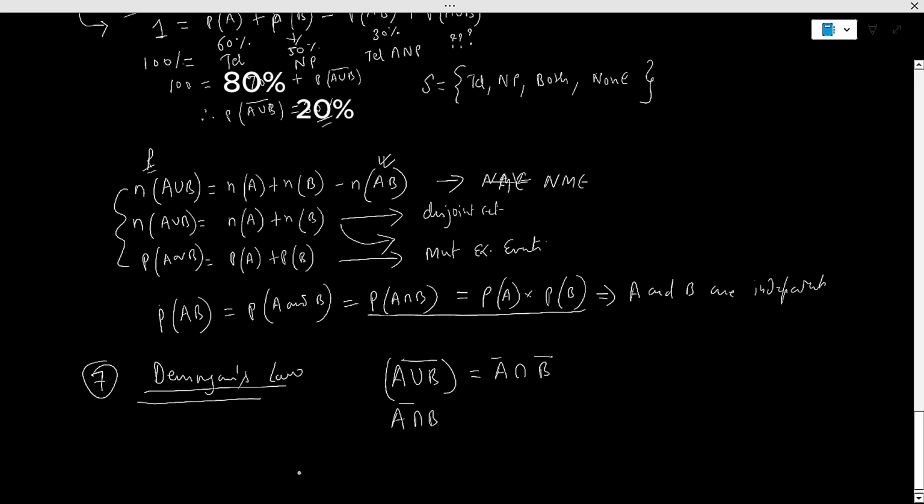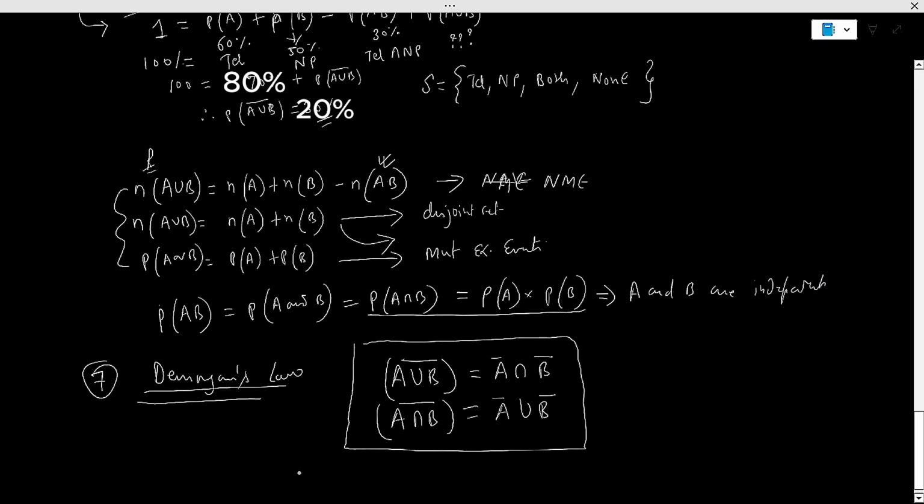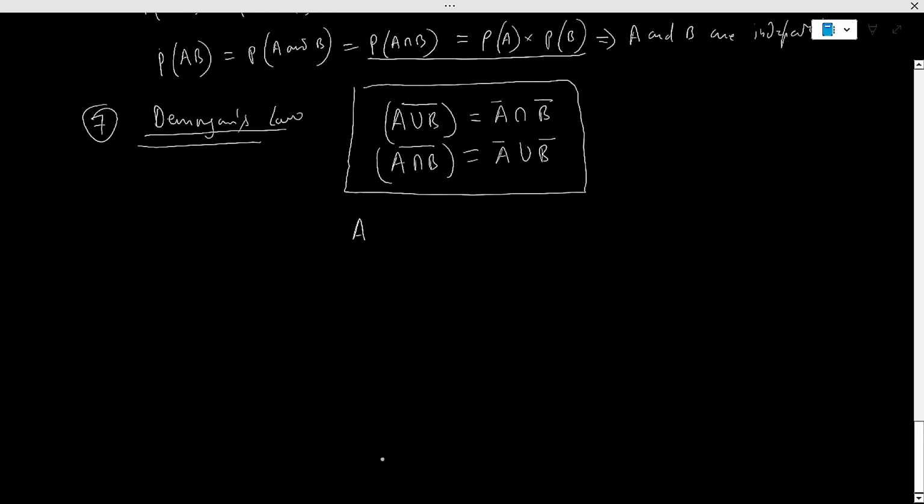Similarly, (A intersection B) complement is equal to A complement union B complement. So in general form, the complement of the intersection of the events is equal to the union of their individual complements. A complement is equal to anything but A. So this is equal to the universal set minus A, and in probability notation, the probability of A complement should be equal to 1 minus the probability of A.